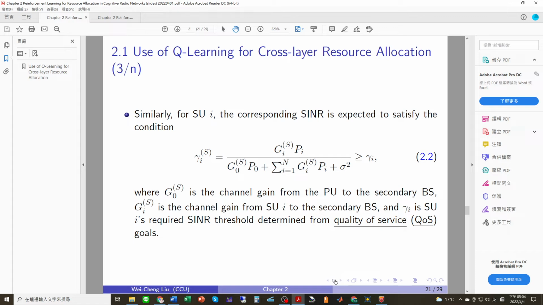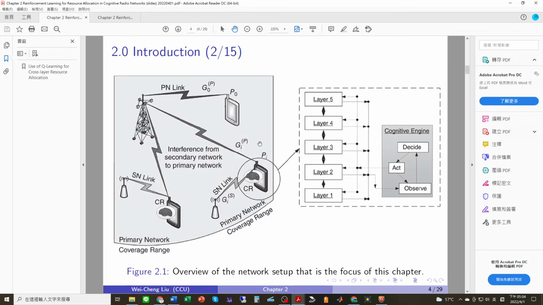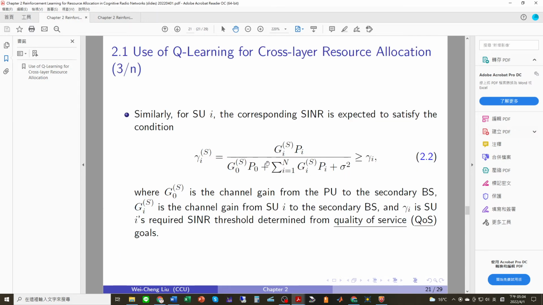Let us go back to figure 2.1 again. G0S is the channel gain from the primary user to the secondary base station, which is not plotted in this figure. And plus summation I is equal to 1 to capital N, GIS times PI.